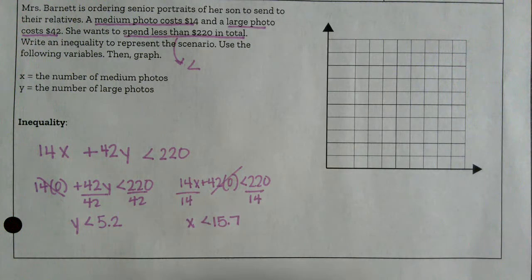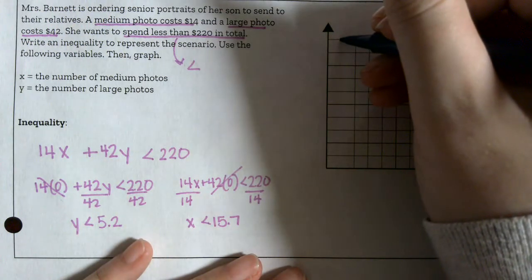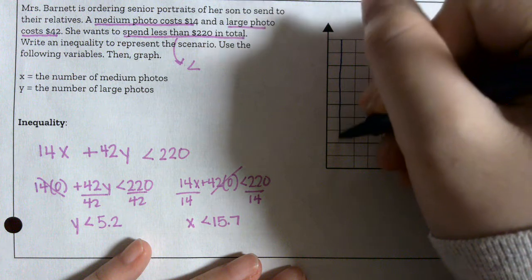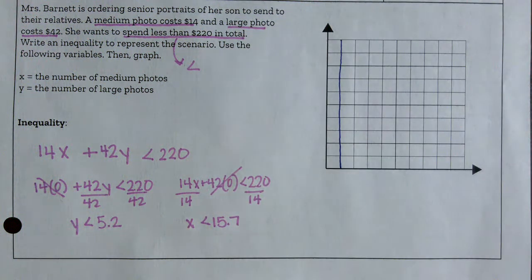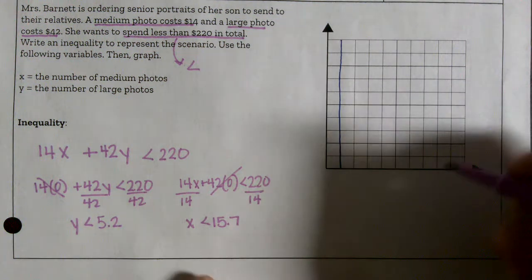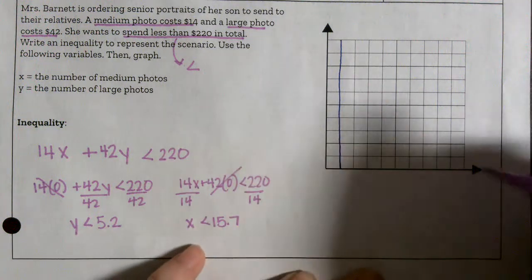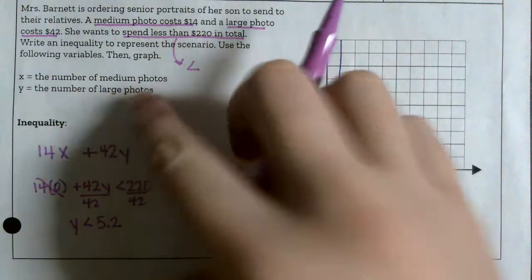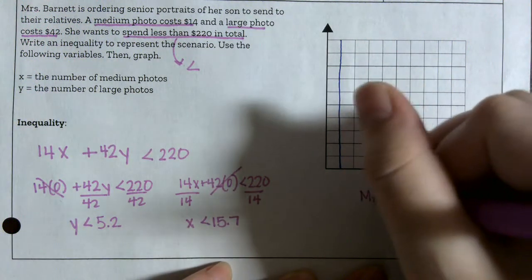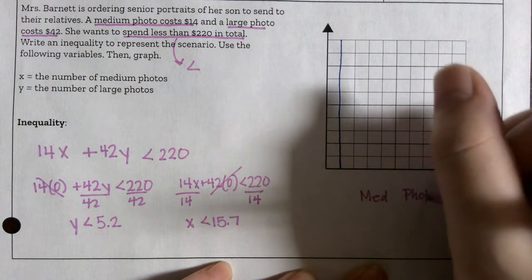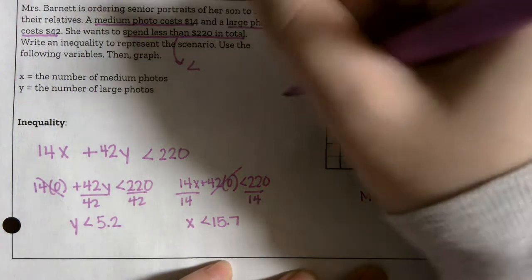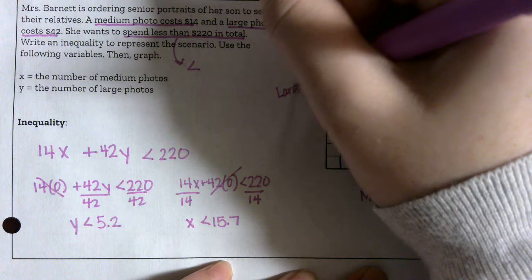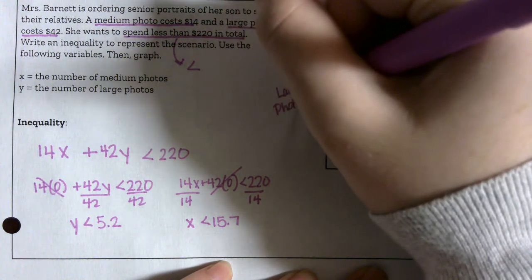I'm not quite sure why this printed weird, but there should, in theory, be a line right here as well. So I'm just going to draw that in. My x-axis is the medium photos, so I'm going to write medium photos down here to label it. That means my y-axis is large photos.